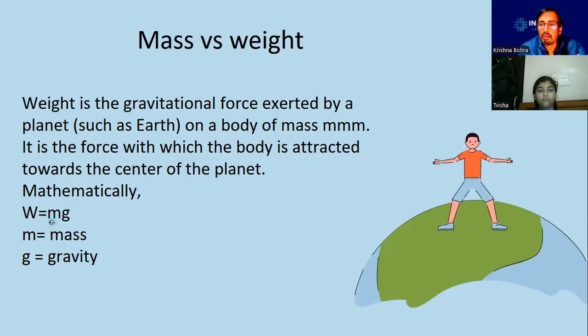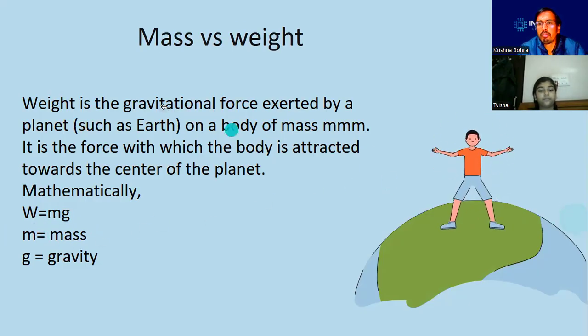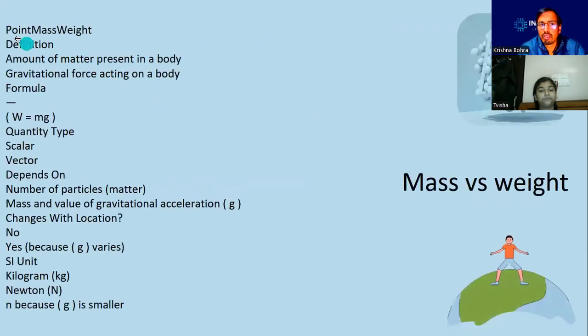So it is related to mass, as well as gravity: how strong the force is by which gravity attracts that particular mass. So we distinguished these two things, mass and weight. The definition of mass is the amount of matter, constituent particles, present in the body, while weight is the gravitational force acting upon that particular mass.